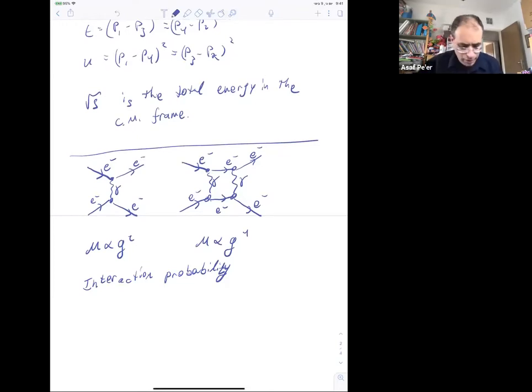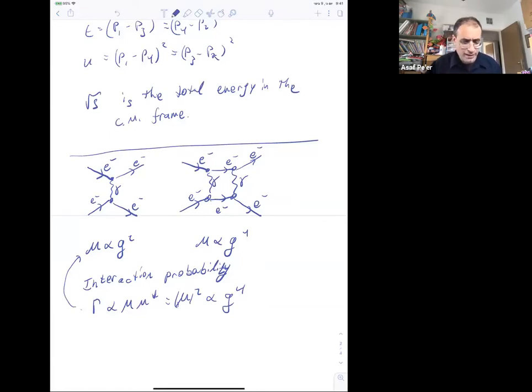It might take us more than a week to do. Gamma is proportional to M star M, so this is M squared, it will be proportional to G to the power 4, right? So as long as G is small, then the higher order terms are just perturbations.